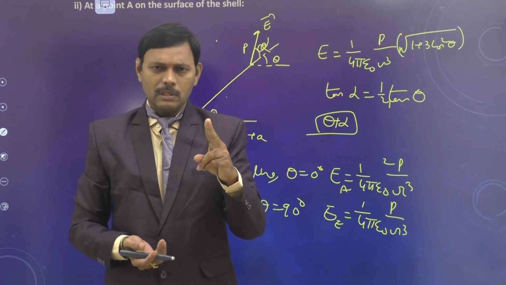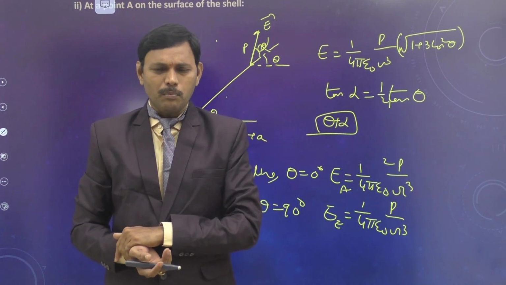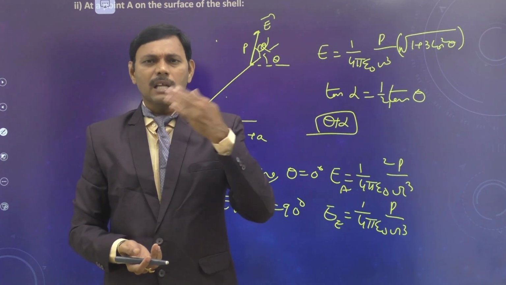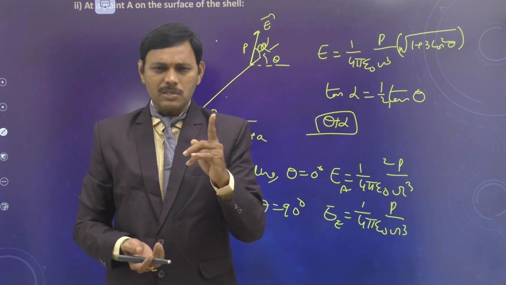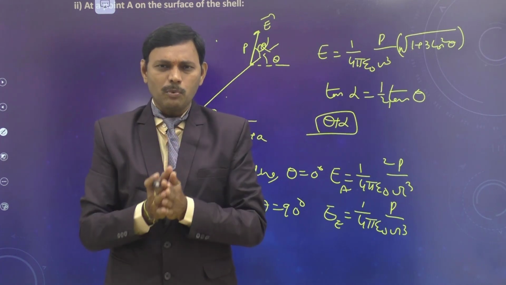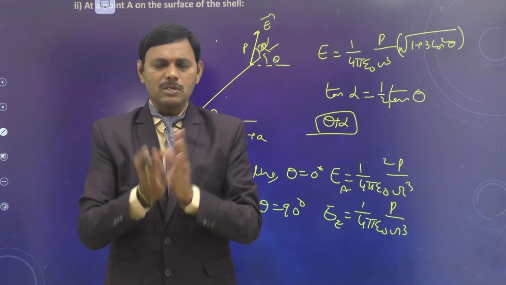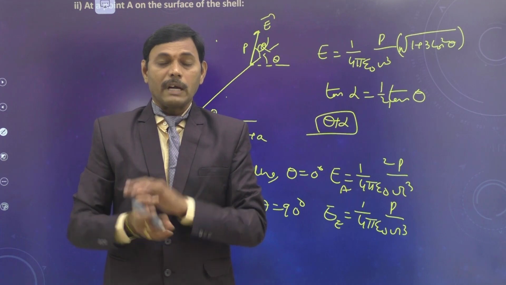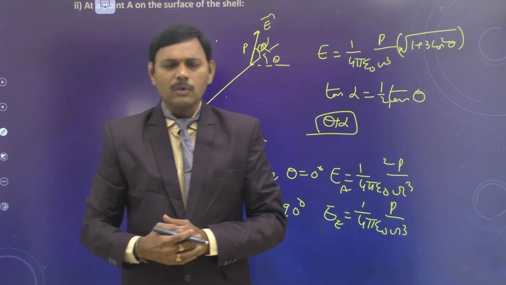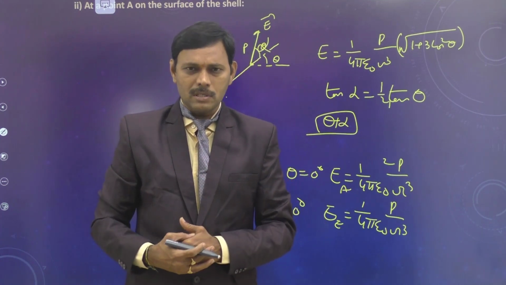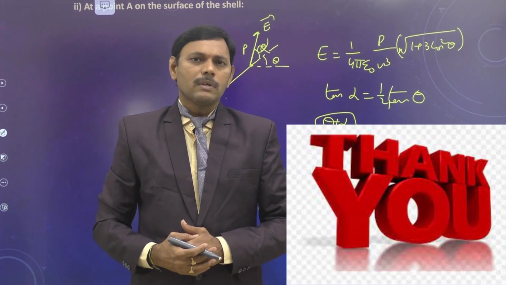One is dipole: electric field due to a dipole, torque acting on the dipole, work done in rotation of a dipole, as well as Gauss law applications such as electric field due to linear charge density, uniformly charge distributed plate, spherical shell, and uniformly charge distributed solid sphere. For different cases, we derived the expression for electric field. Student, I hope you followed my class, you understand the expressions. Please revise them, and they are very much helpful to you. Thank you very much.